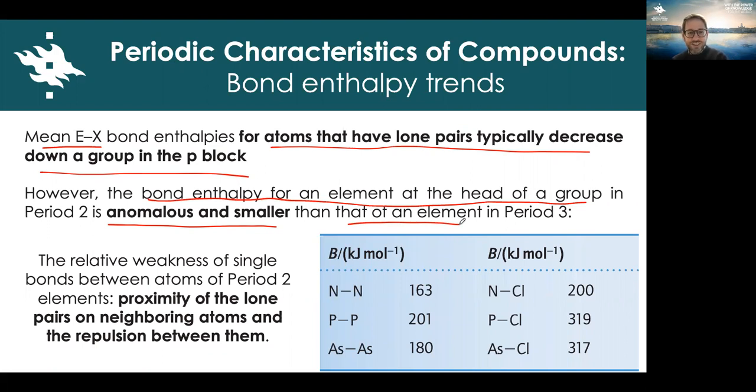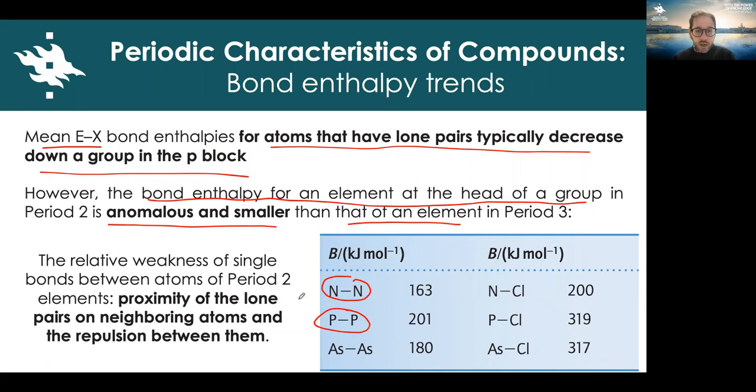In other words, for the first element of the group, there is an exception when there are lone pairs, which makes these bond enthalpies much smaller than for period 3. And we can see this trend here for nitrogen and phosphorus, for example.